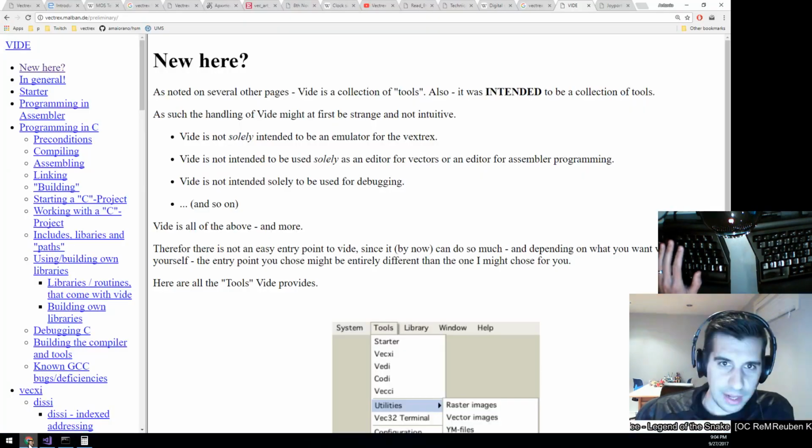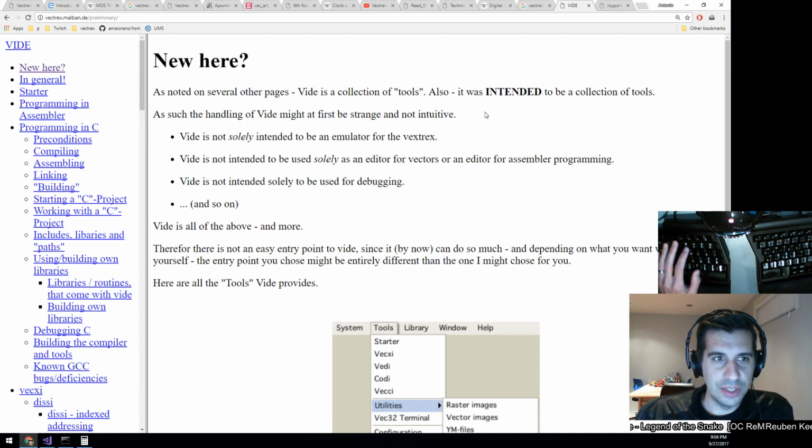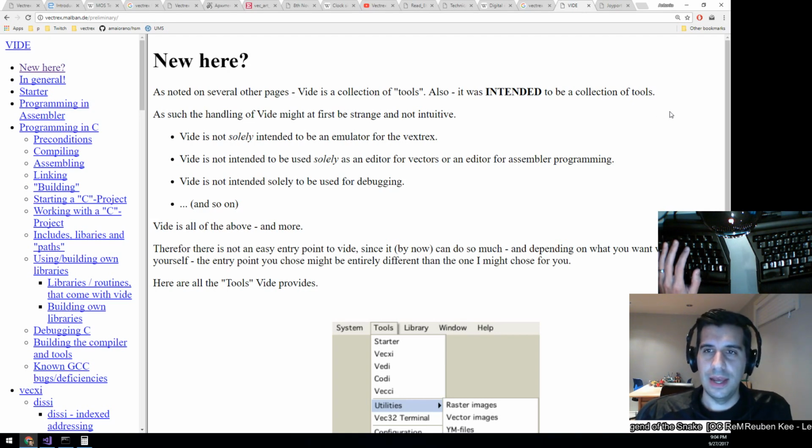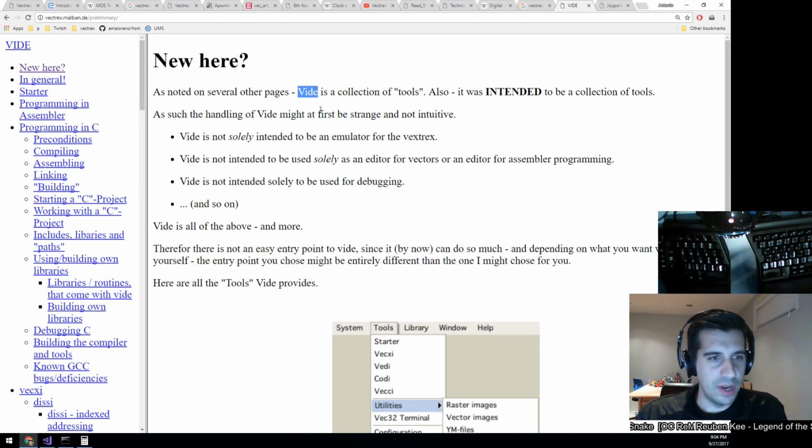So one thing I did do yesterday is I looked a little bit more online for some documentation on how input and joysticks work, and I fell upon this really cool site for a collection of tools called VIDE. It's basically a bunch of tools for implementing stuff for the Vectrex.